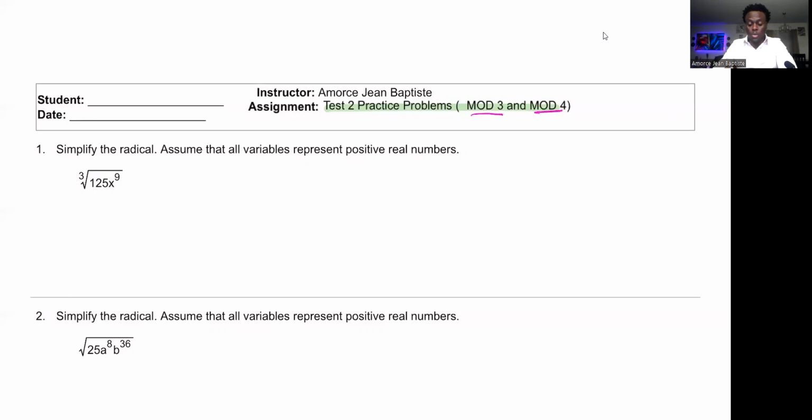And when you complete this assignment, it gives you 10 out of 100 on your test 2.